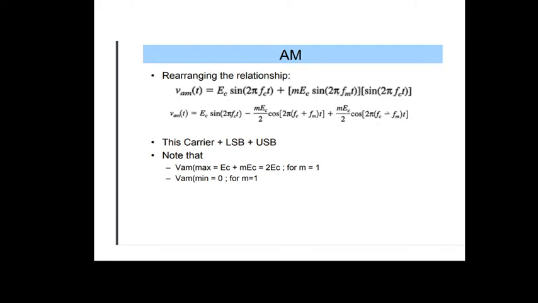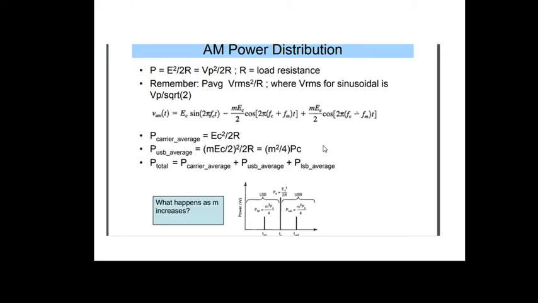Rearranging the equations, we get the expression as a combination of the carrier waveform plus the lower sideband plus the upper sideband waveforms. This is the mathematical representation of the double sideband full carrier waveform, which is also called normal AM modulation.